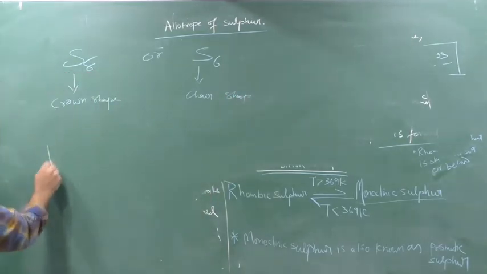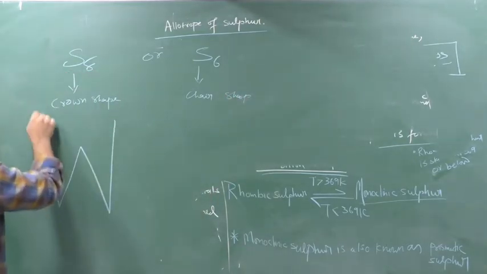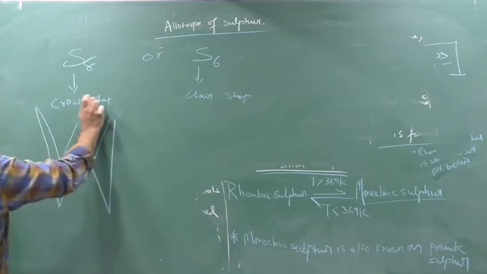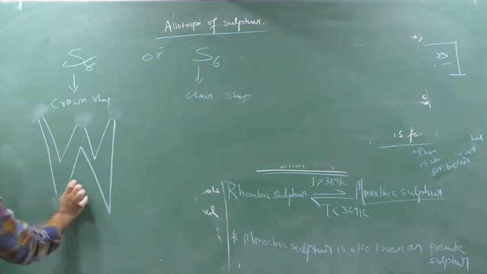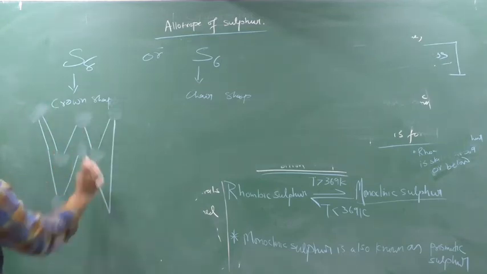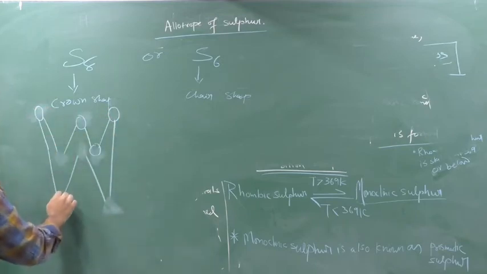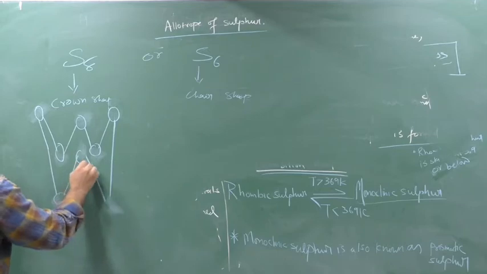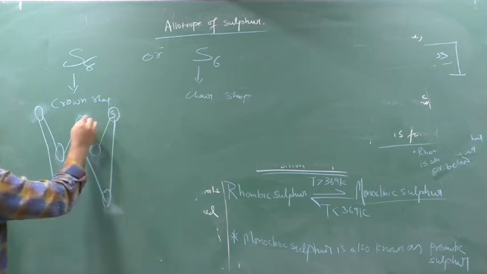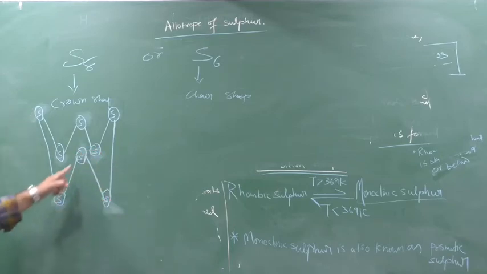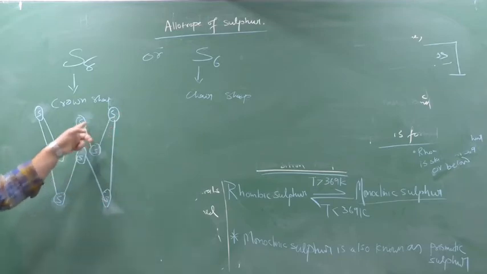See here now. So how is the crown shape? This is crown shape. You can see a set of 1, 2, 3, 4, 5, 6, 7, 8. So this is a puckered ring shape.